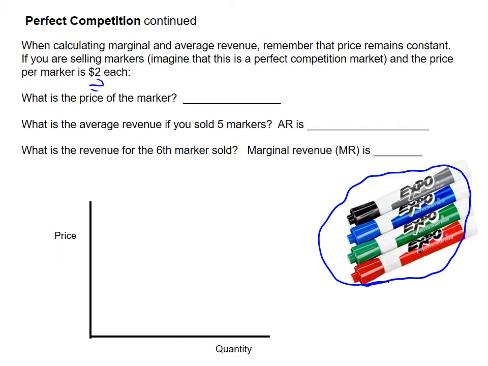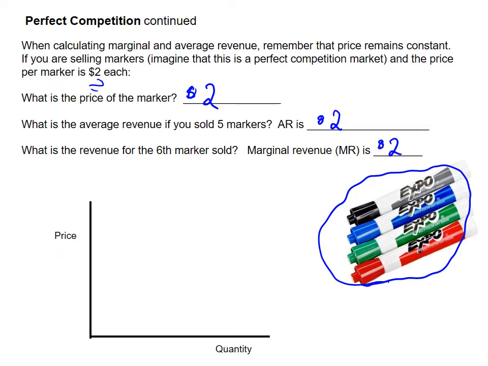If I asked you what the price of the markers is, you would tell me $2 each. If I asked you the average revenue, if you sold 5 markers, the total revenue would be 10, divided by 5, and your average revenue would be $2. If I held up an additional marker and asked what the revenue for the 6th marker sold is, marginal revenue would be $2.